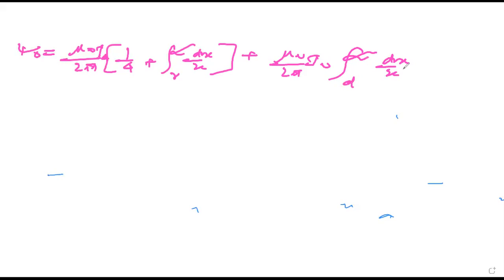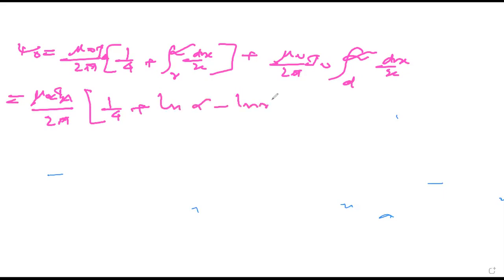Now this will be mu naught Ia by 2 pi times 1 by 4 plus ln infinity minus ln r, plus mu naught by 2 pi IB times ln infinity minus ln d.